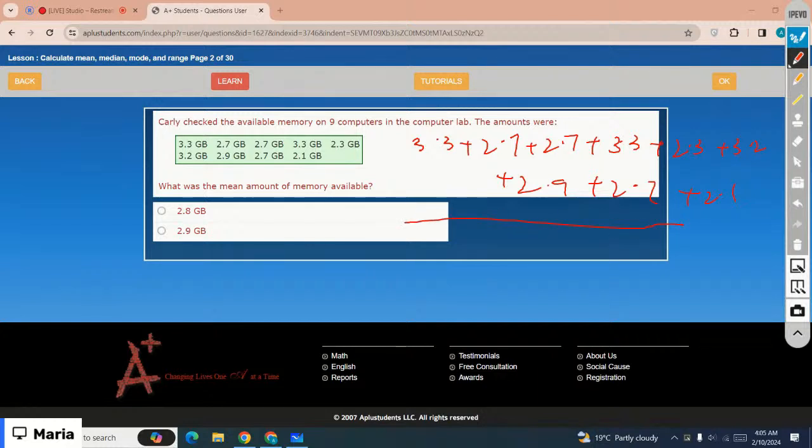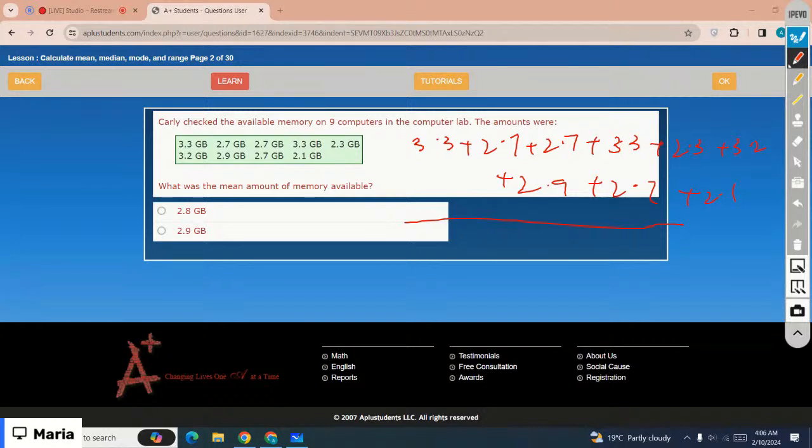Hold on. 3.3 plus 2.7 plus 2.7 plus 3.3 plus 2.3 plus 3.2 plus 2.9 plus 2.7 plus 2.1.